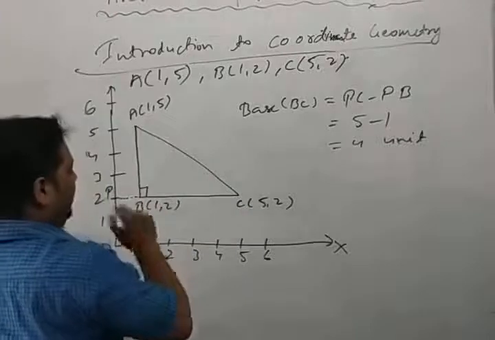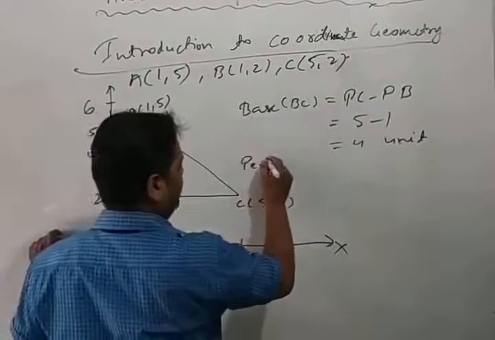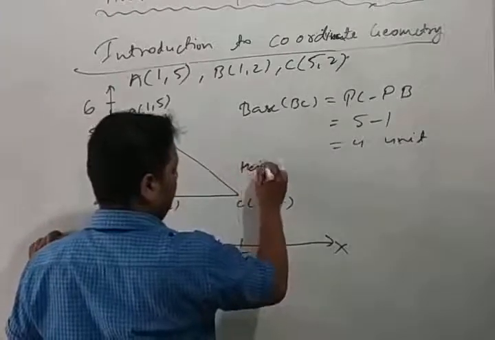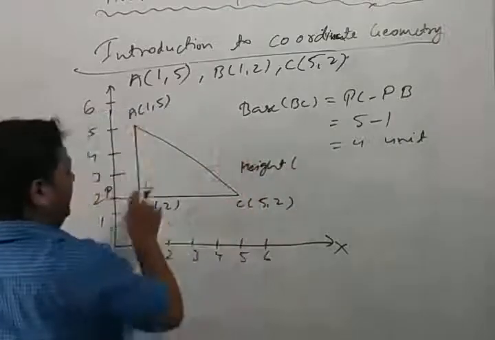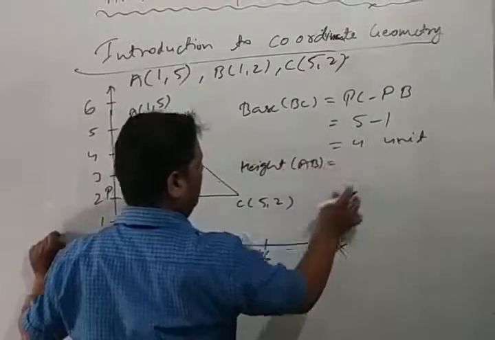Now perpendicular AB, it means height. Height AB is equal to what?